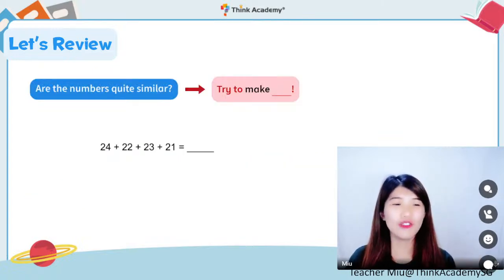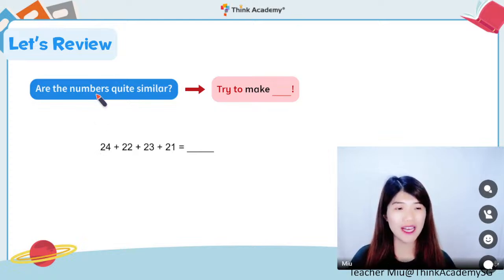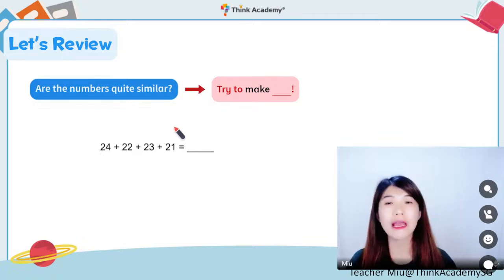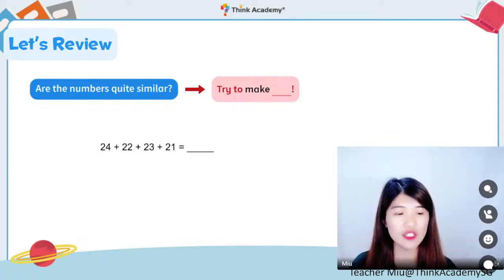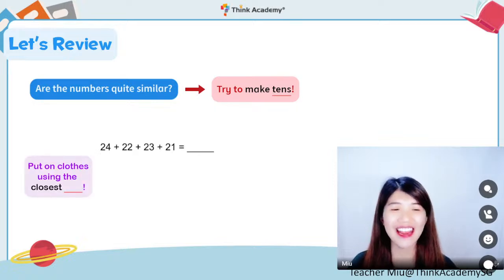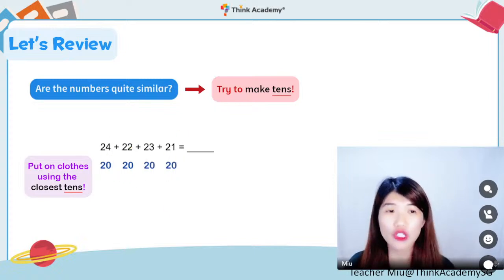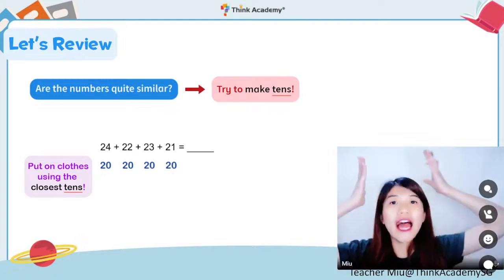For example, for these 4 numbers, we have 24 plus 22 plus 23 plus 21. They are all quite similar numbers, so we can try to make tens to do it faster. For 24, the closest ten is 20, right? So we have 20, 20, 20, 20 for all these numbers. But they are not big enough, so don't forget you need to put on a hat to make that number.